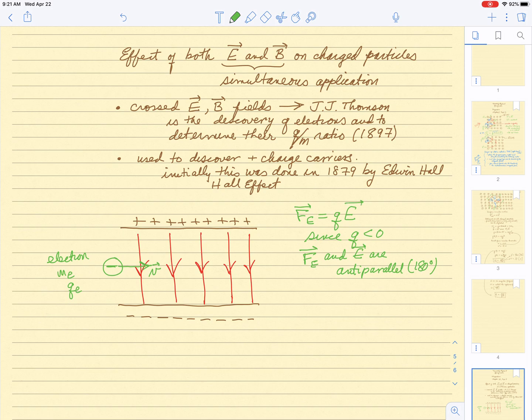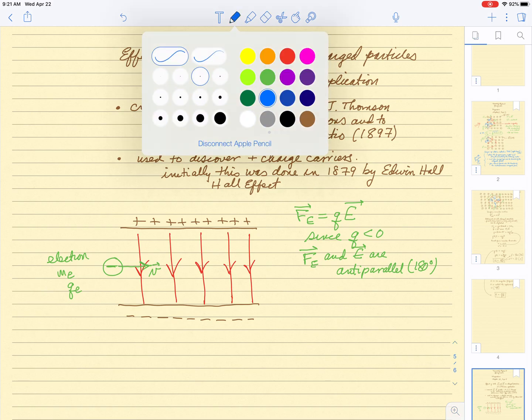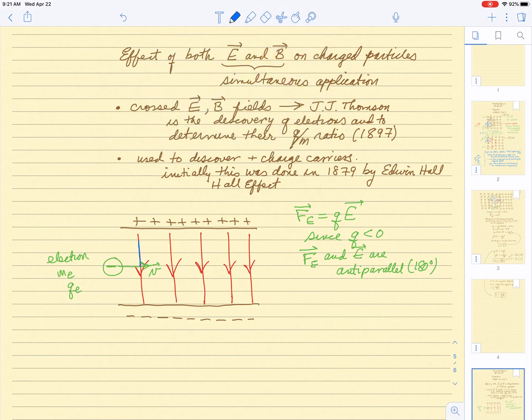So as this particle enters the field, it's going to experience a force. It's going to be in this direction, which is 180 degrees with respect to the electric field.